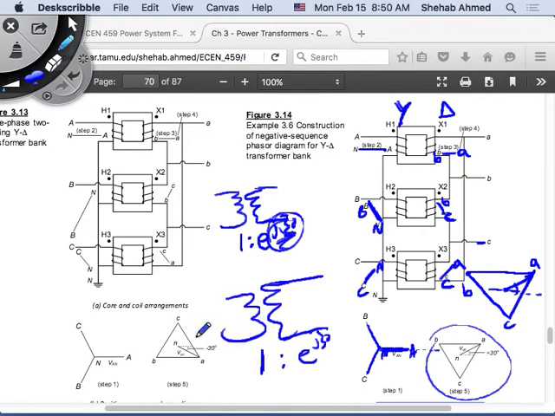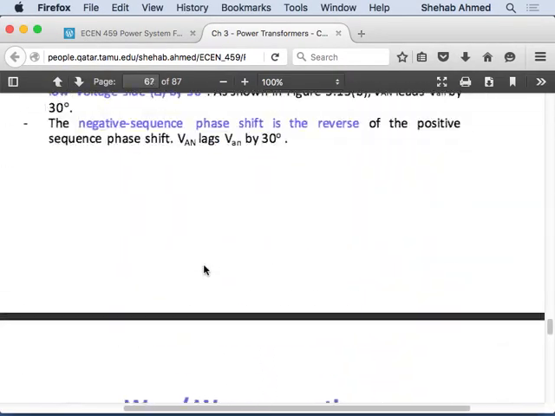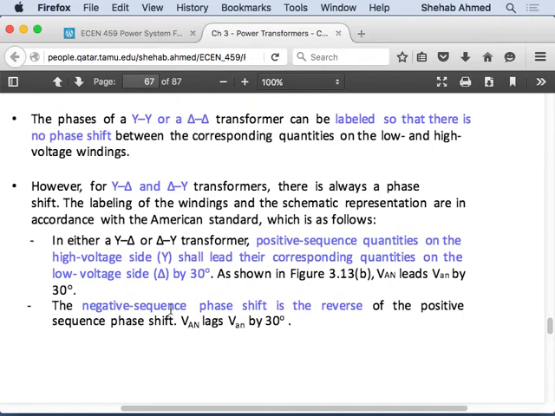Even though this is a star delta transformer and the star is the high voltage side. But because when we apply negative sequence, the negative sequence phase shift is the reverse of the positive sequence phase shift. The high voltage side lags by 30 degrees in that case. Okay?